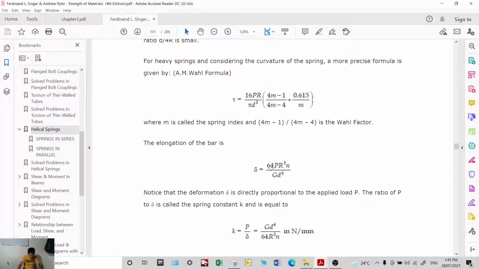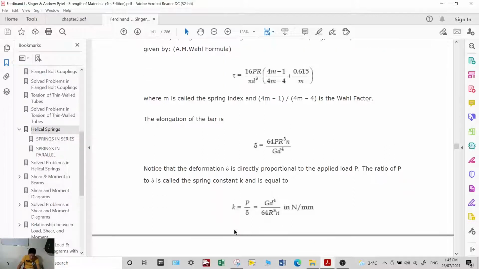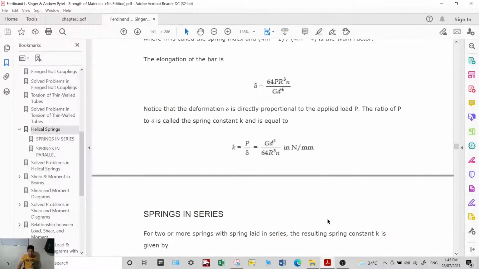If we arrange it, P over the elongation equals Gd to the 4th over 64R cubed N. Now, this ratio is what you call the spring constant K. The unit is Newton per meter or Newton per mm.